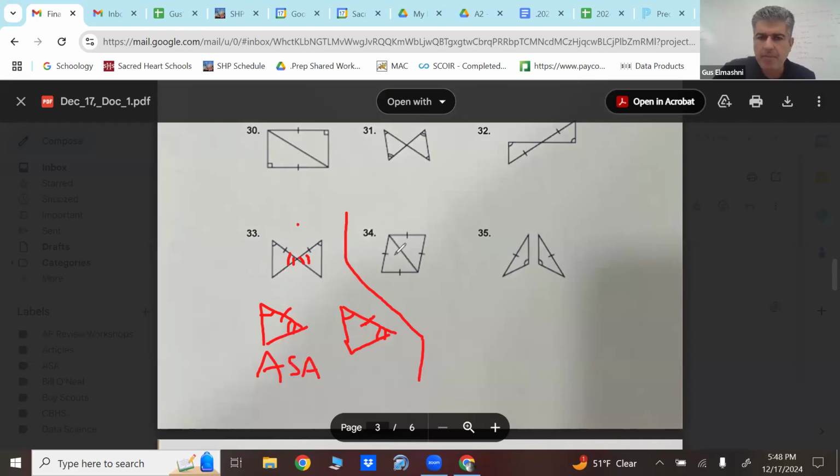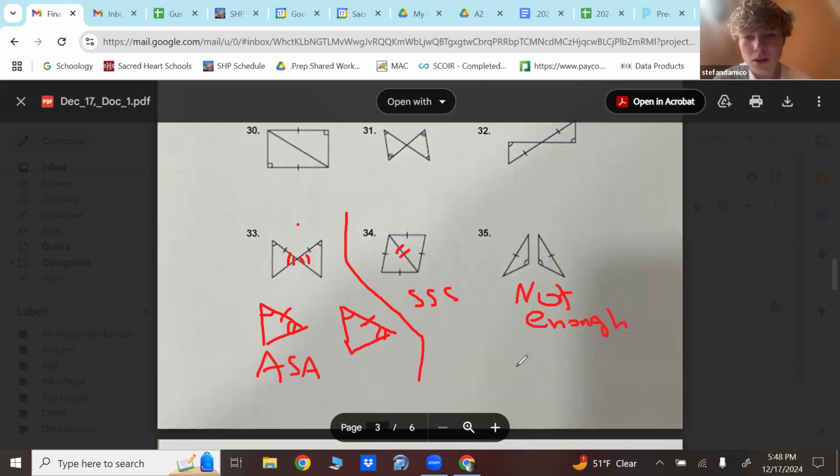And here, they share this side, and these sides are also the same, so side, side, side. And here, I don't know what else they have in common, so that's nothing. So not enough information.